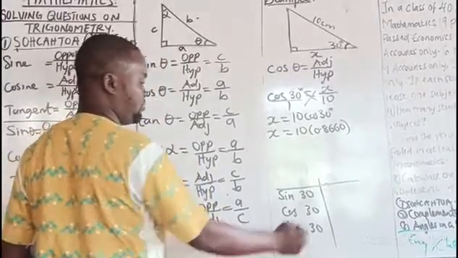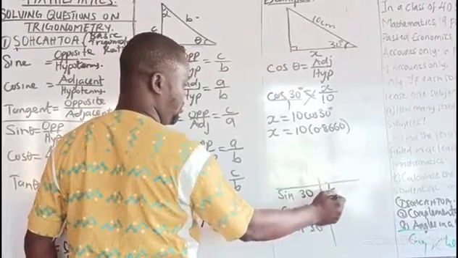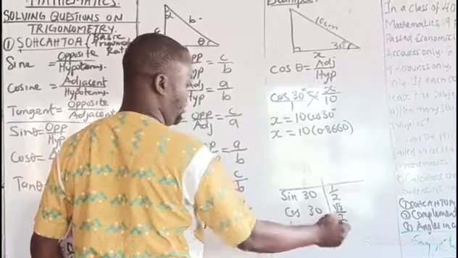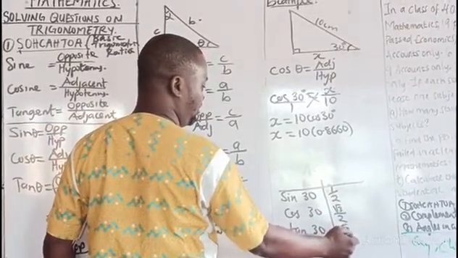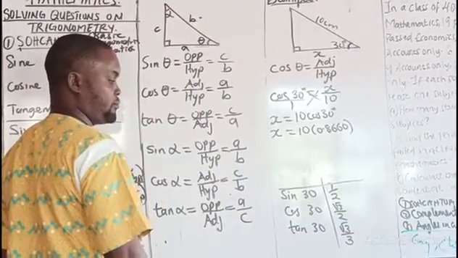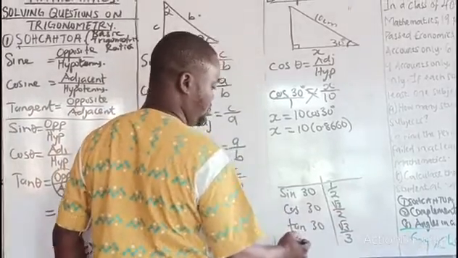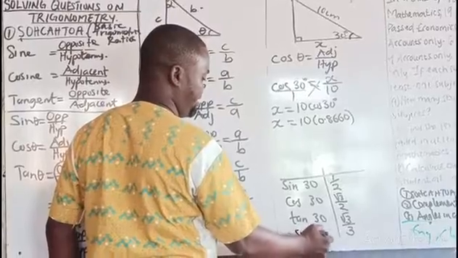Sine 30 is 1/2. Cos 30 is root 3 over 2. Then tan 30 is 1 over root 3.